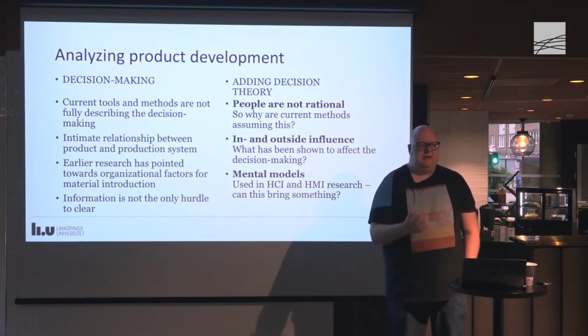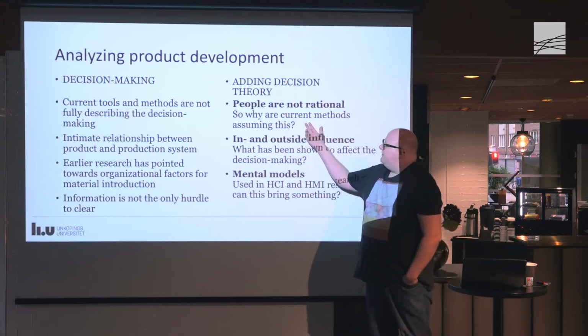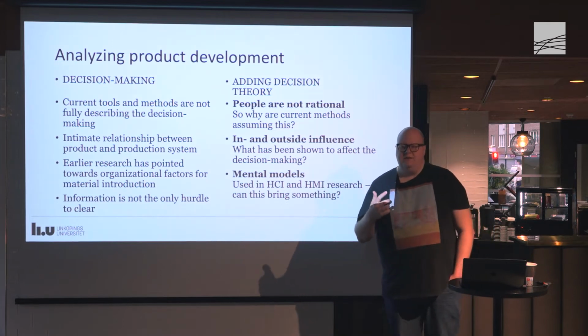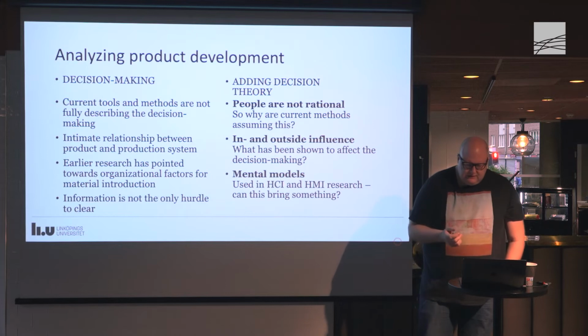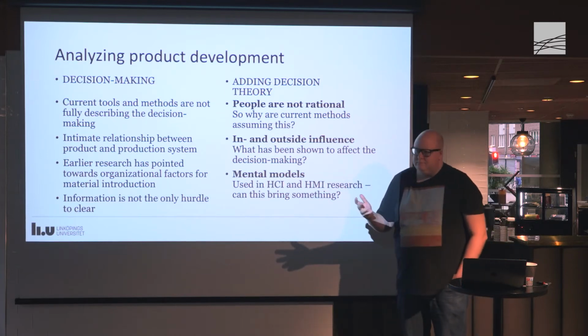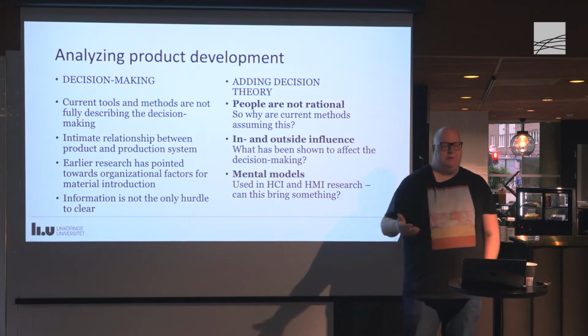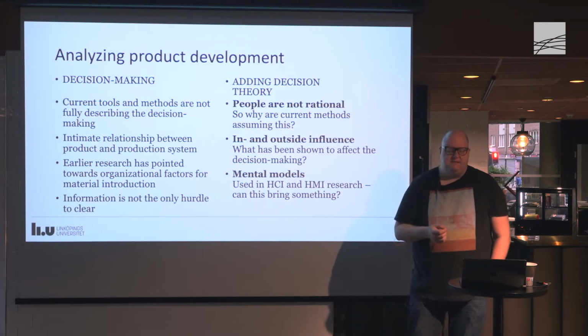There are things that we cannot really control. But why are current methods for decision-making in material selection assuming or implying rationality? They are assuming something that people are not. They're written as if they were programming code. People and computers are two different things.